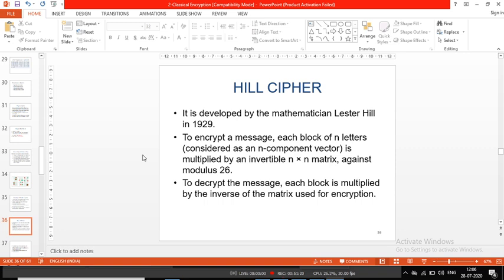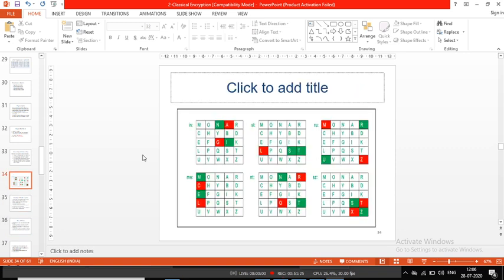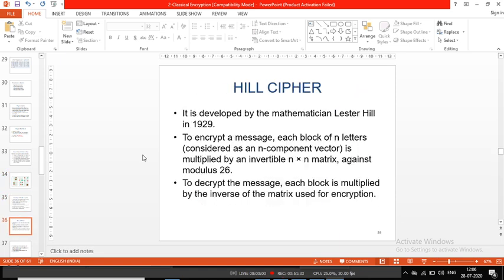Till now the key was a word or a sentence, like monarchy. But in Hill cipher the key will be in the form of a matrix. Clear? So we can solve this Hill cipher now.